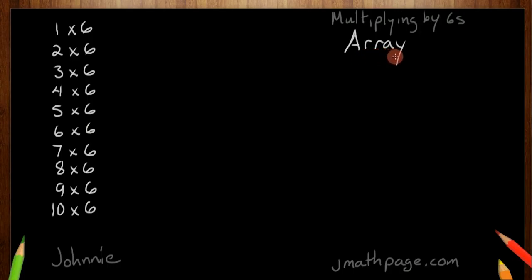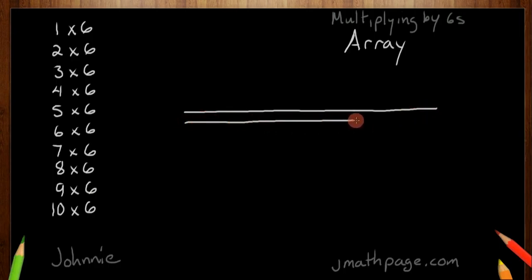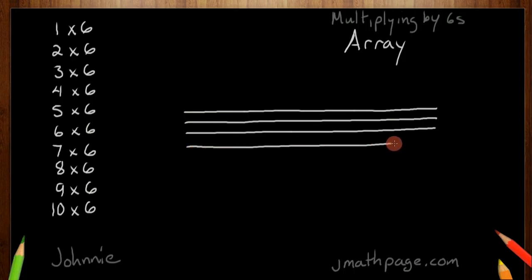Now, an array has rows and columns, and there's always a certain number of rows and columns. But today, since we're looking at 6's, I think I'll make 6 rows. Let's see how well I can do this. 1, 2, 3, 4, 5, 6.